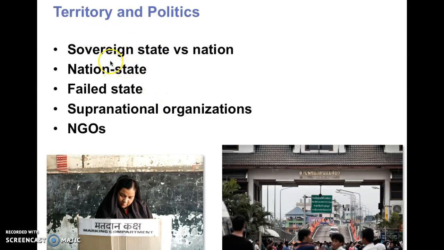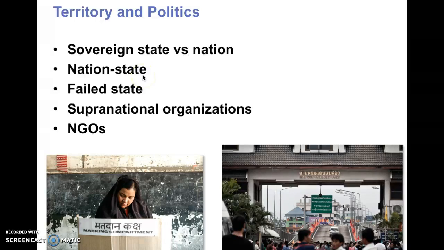Territory and politics. So when we talk about sovereign states and we talk about nations, nation states, failed states, you hear a lot of news now about failed states in the Middle East in particular.